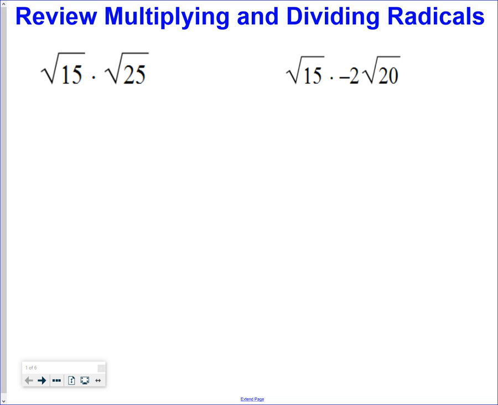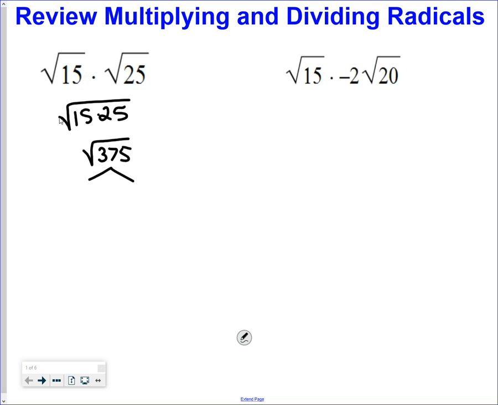And let's go. So when we're multiplying, remember we can multiply anything that's under the radical with what's under the radical, or outside the radical with outside the radical. These are both under the radical for this one, so I'm just going to multiply them together. 15 times 25, everybody check in your calculator, is 375. And because it's a square root, remember, two of a kind.